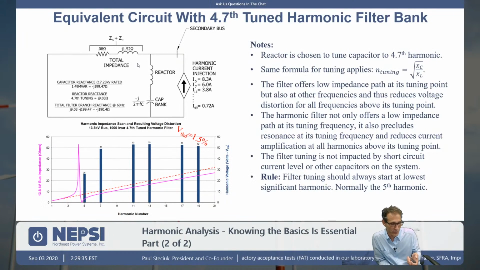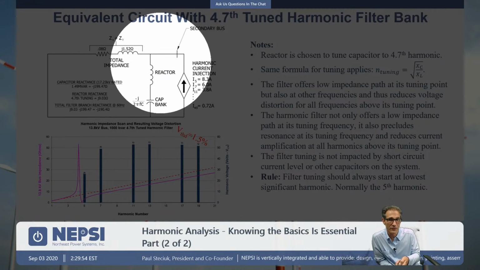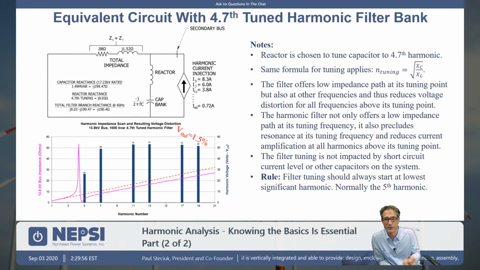There is a common notion that people have that detuned capacitor banks do not result in overload and they do not filter. They are just there to prevent resonance. The reality is, depending upon the source impedance, a significant amount of harmonic current could flow into a detuned cap bank and cause it to overload or overheat if you exceed its rating, the reactor rating.